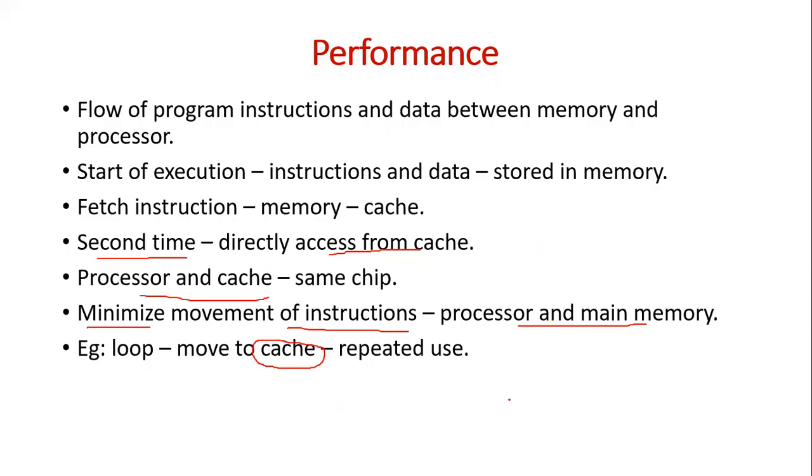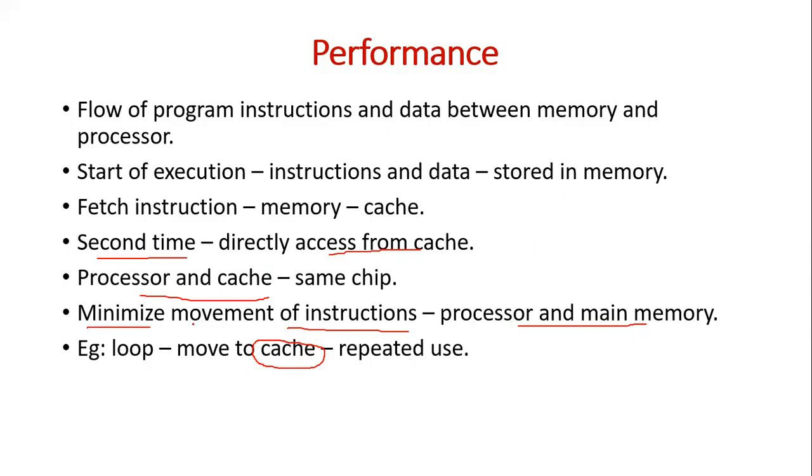The processor will fetch from the main memory only if the data is not available in the cache. If we are able to reduce the amount of communication between the processor and main memory, then obviously the performance of a computer will increase.